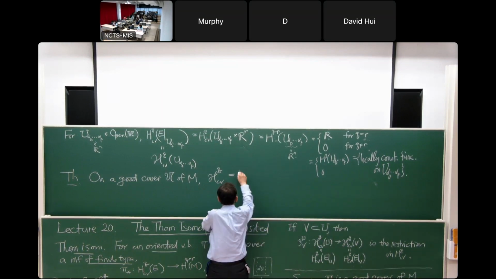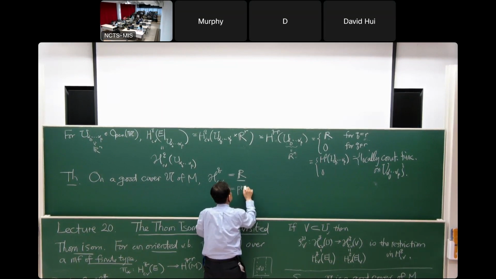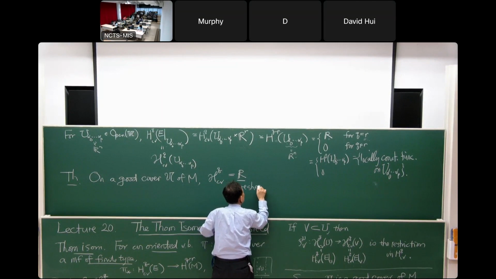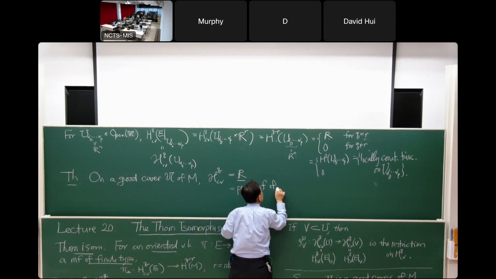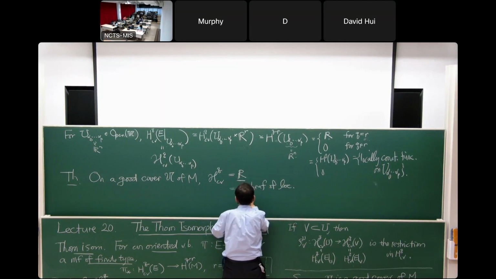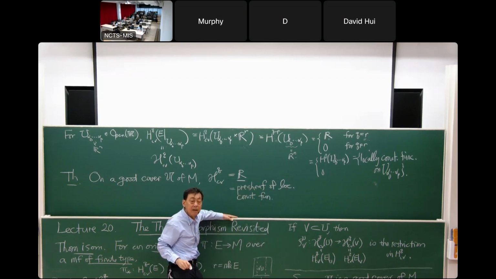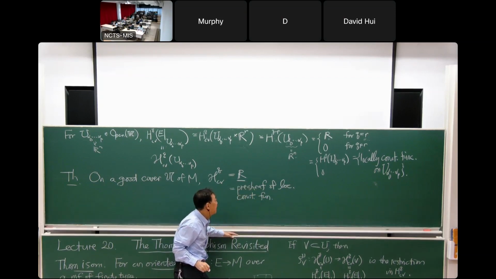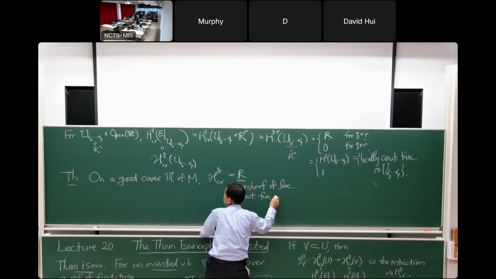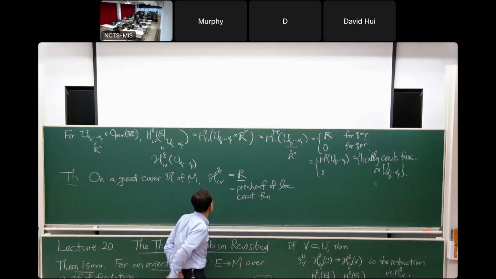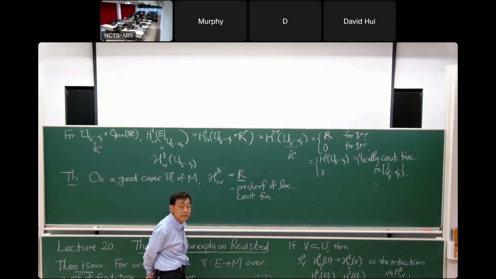So it is equal to R bar, the pre-sheaf of locally constant functions. Okay. So now we understand this pre-sheaf.